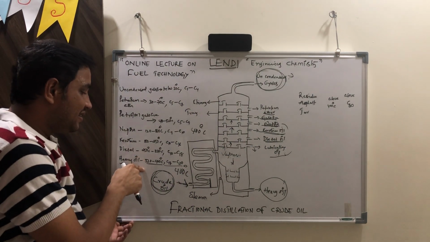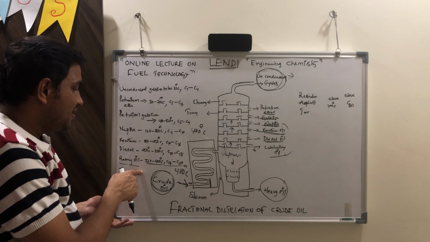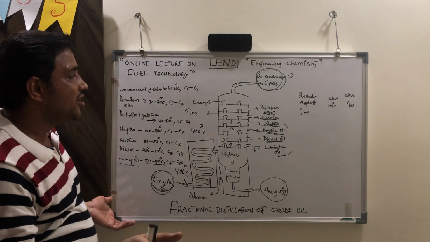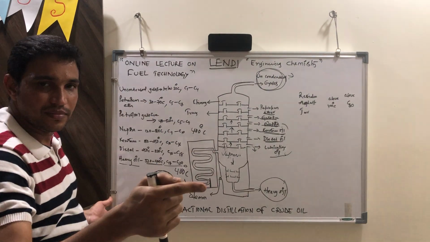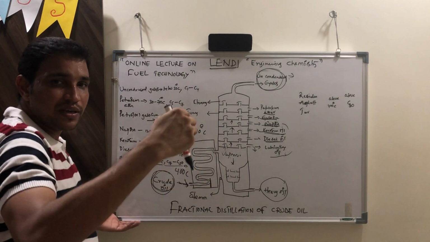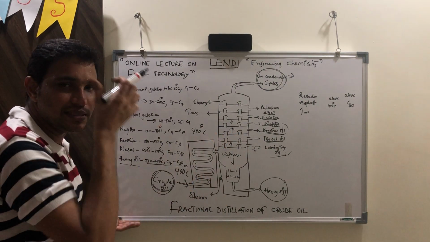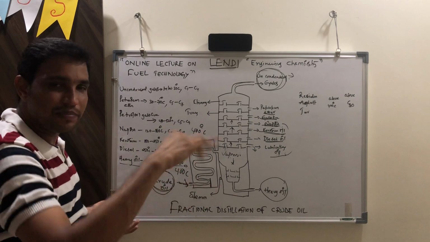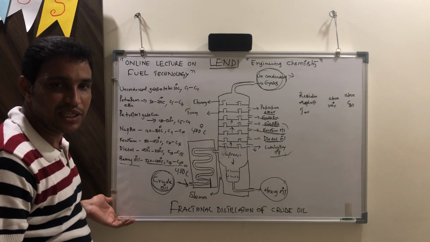Next, the lubricating oil. When the vapors again move in the upward direction through the trays, through the chimneys, then work is done by the gaseous molecules, so they lose some amount of energy.